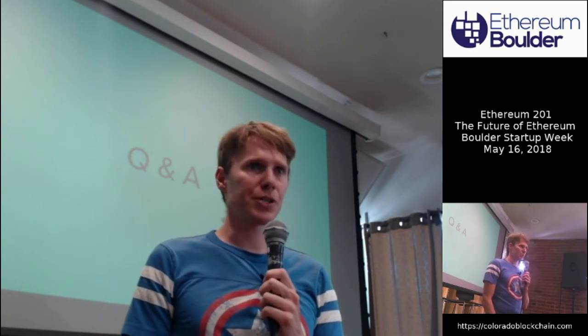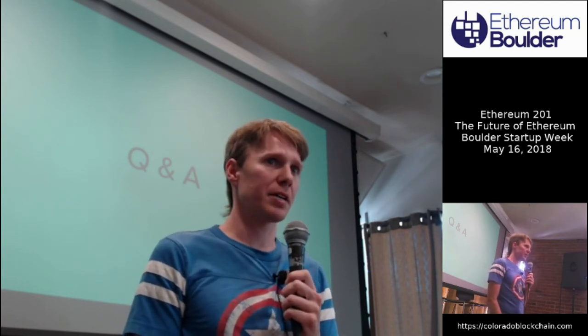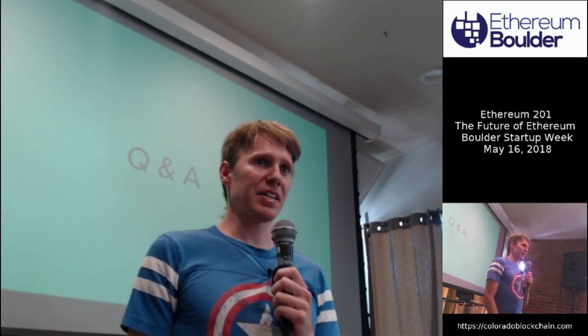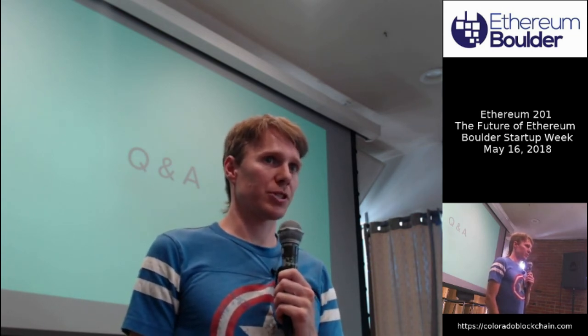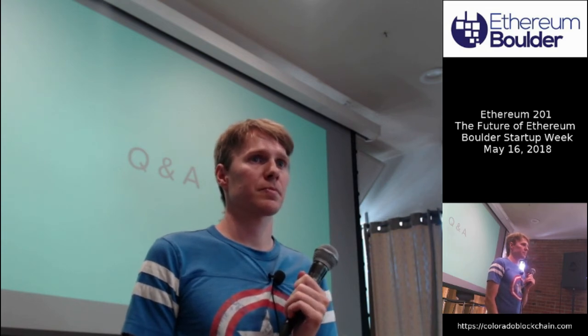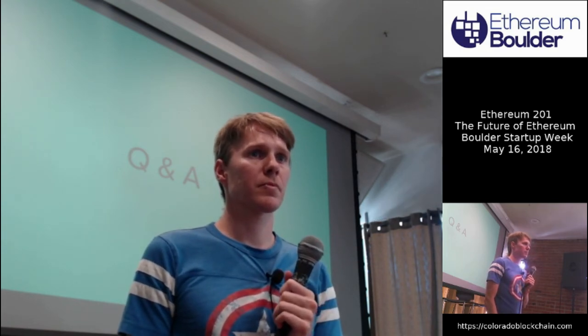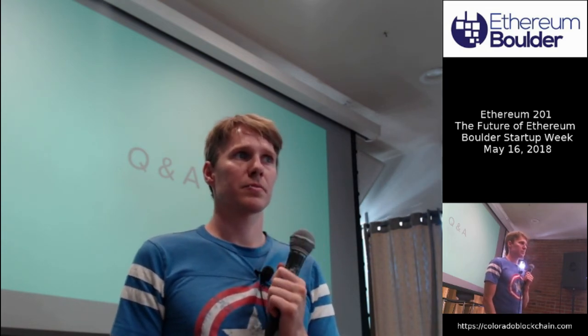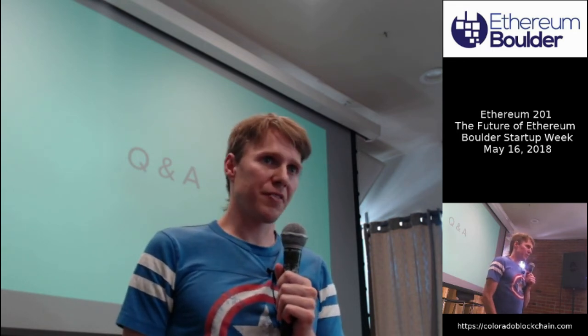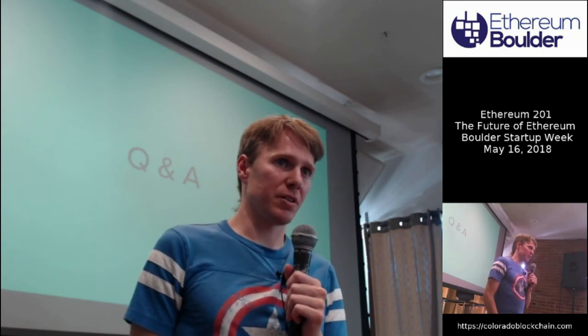The EWASM research team has something that's pretty much ready, to the best of my understanding. And I don't understand your interoperability question. Well, I think there are other blockchains that are working with WebAssembly as well. So I was just wondering if that could help. I don't think so. Even if another blockchain is building their VM on top of WebAssembly, unless they're building on the EVM, they're going to be fundamentally different machines.